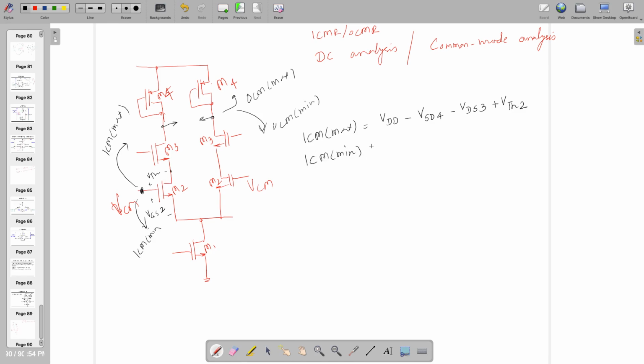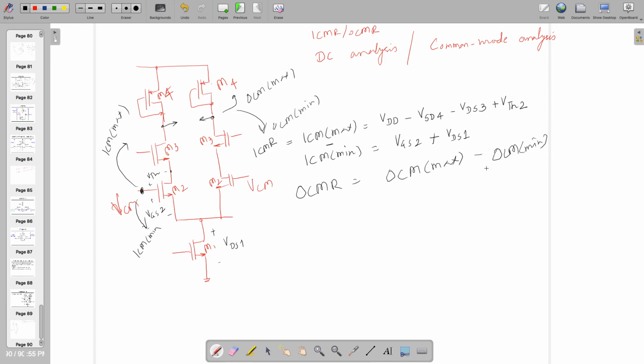So ICM min is equal to nothing but VGS2 plus VDS1. Notably, this VDS1 is nothing but 250 millivolt, which will make sure that your transistor is in saturation. If you take the subtraction of these two quantities, it is going to give you ICMR, which is input common mode range. Now we might be interested in OCMR, which is nothing but OCM max minus OCM min.